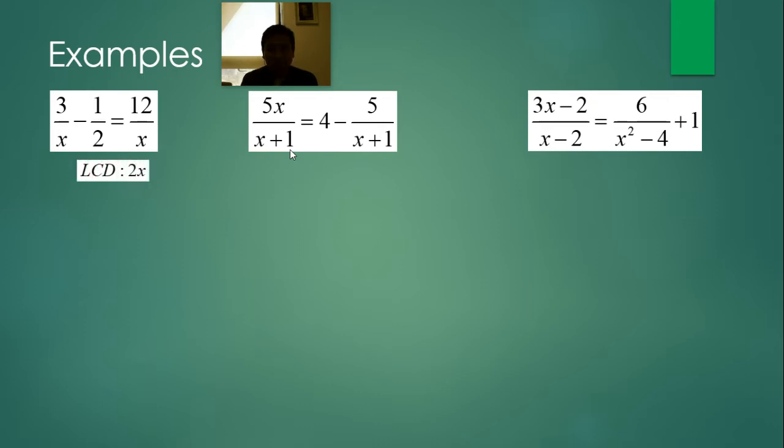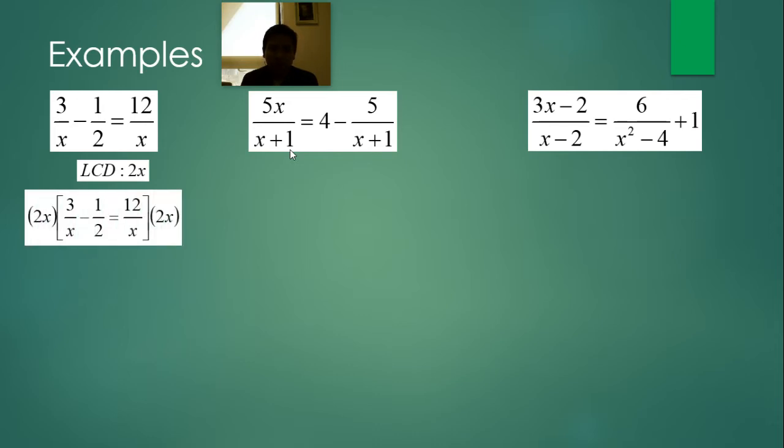For the first one, the LCD is 2x. So multiplying that to all of the equation, left and right side, allows us to get rid of x and 2 in the denominators and come up with this linear equation right here. So we just solve for x in this case, so we end up with x as negative 18.